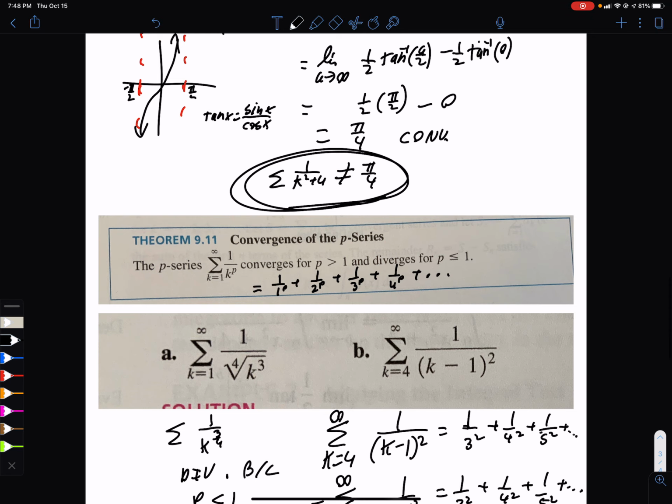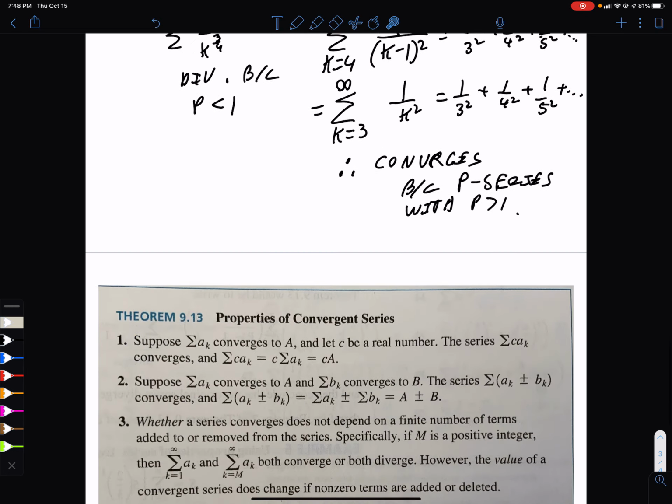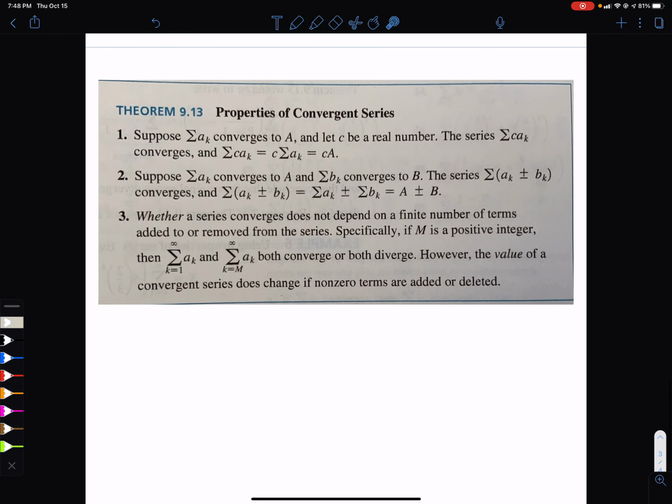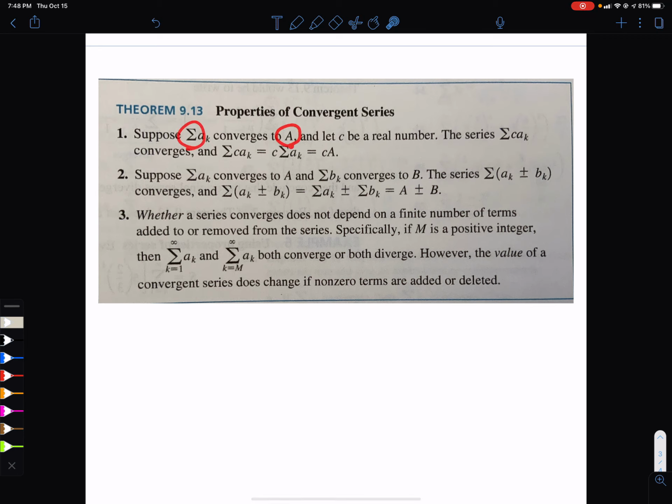So there's a lot of nuances with series, like this one I just did where we re-indexed and rewrote it. And there's a lot of subtle things. You need a lot of practice. So let's talk about these properties. So you have a series and you know the terms add up to A. But now you have C times the series.